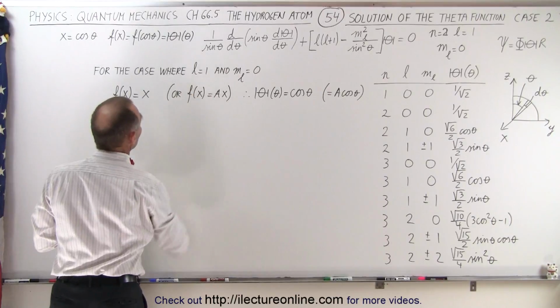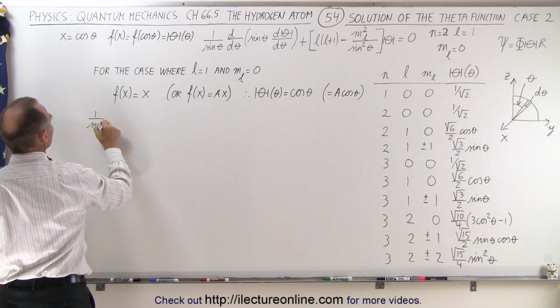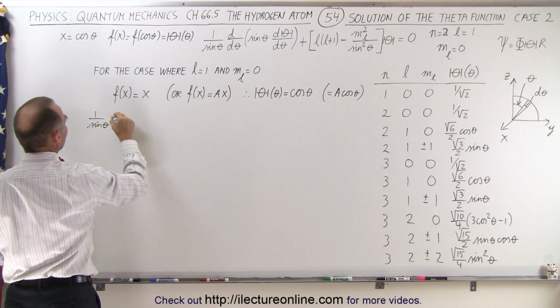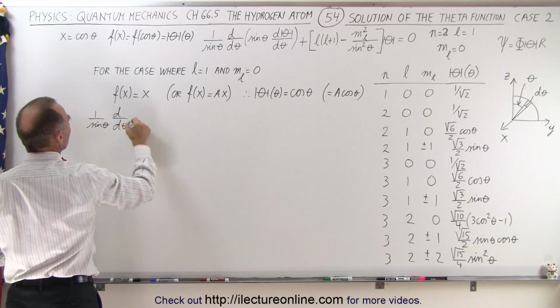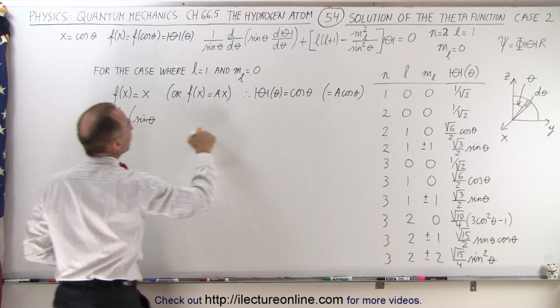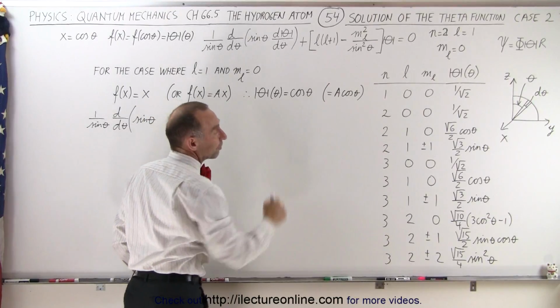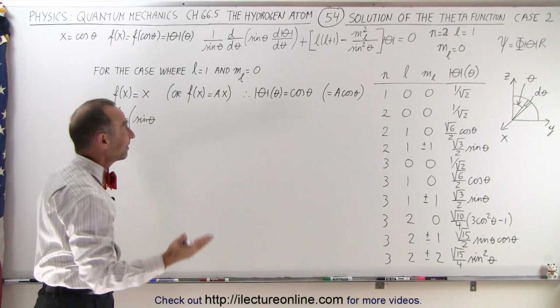So starting with our differential equation, we have 1 over the sine of theta times d d theta of the sine of theta times the derivative of our function with respect to theta. And since our function is the cosine of theta, the derivative of the cosine is a negative sine.